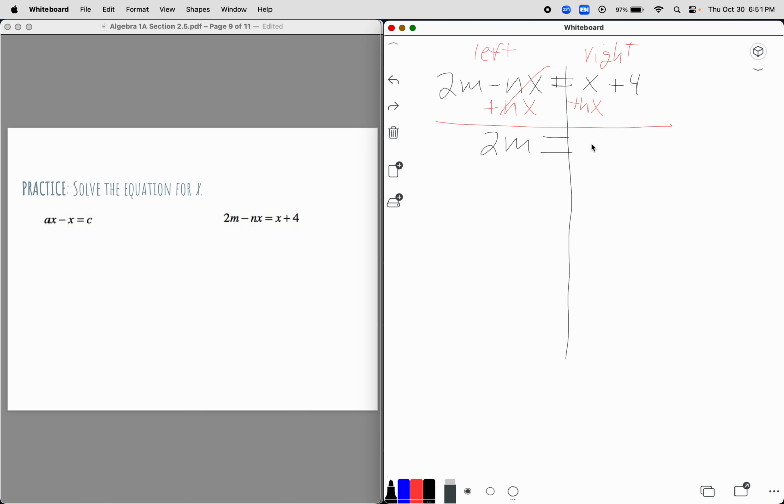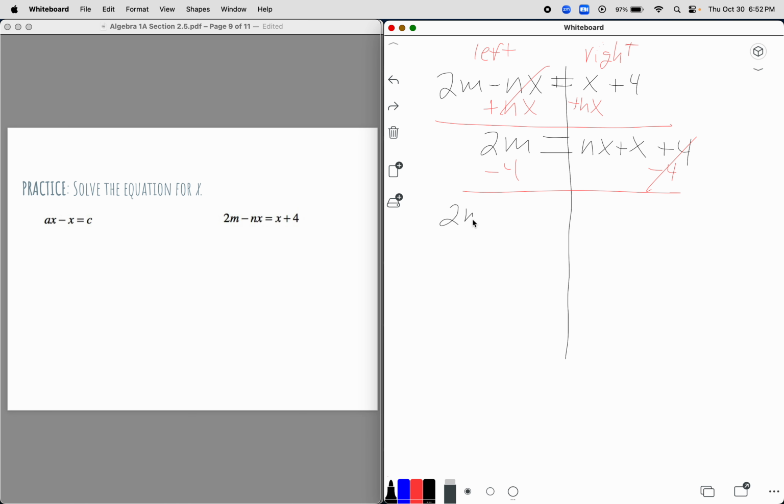Here, x plus nx is just nx plus x. Again, I can't do anything with that right now because I can't combine them because they're variables. There are no numbers or coefficients in front. Plus 4. The next thing I'm going to do, I'm going to subtract 4 from both sides. All right, they go bye-bye.